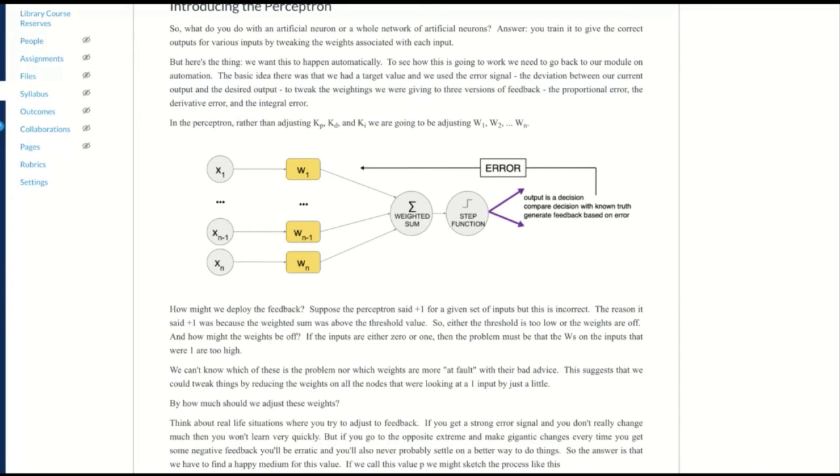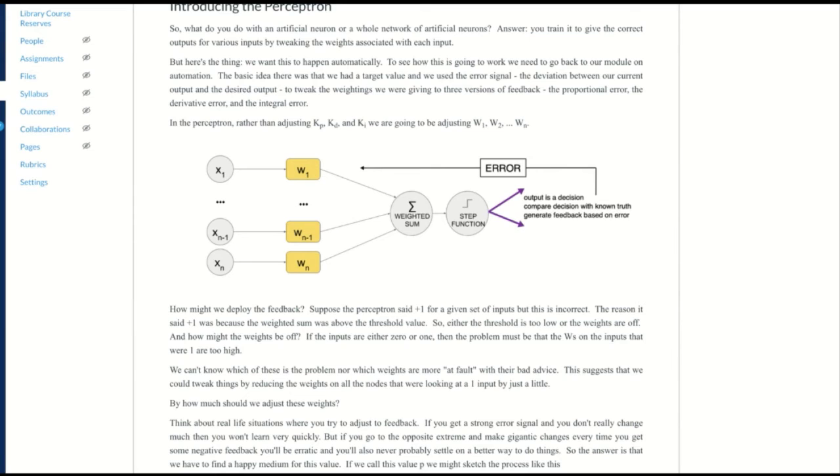Yeah. So let's imagine that the right answer is 1. Right, that we should have said 1. That's what the output from the step function should be, a 1. And remember, our inputs x1 through xn are either 1 or 0. It was supposed to be a 1, but we said 0. We were wrong.